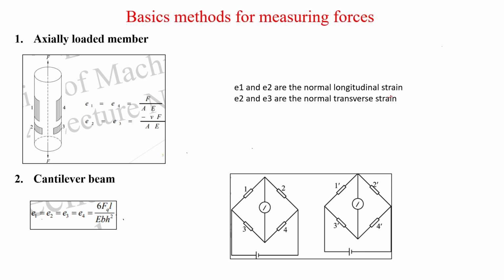For example, if it is a square having a width of B and a thickness of H, we keep the strain gauges here at the cross section. These are the strain gauges, and we connect them such that they form a Wheatstone bridge.